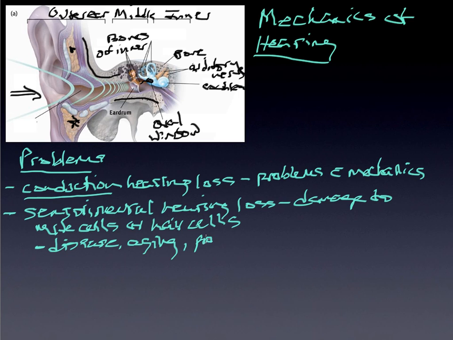What's interesting to note, exposure to loud sounds. What you will see, for example, at the airport, the guys that are directing airplanes always have their ears covered, partly because of that sound.